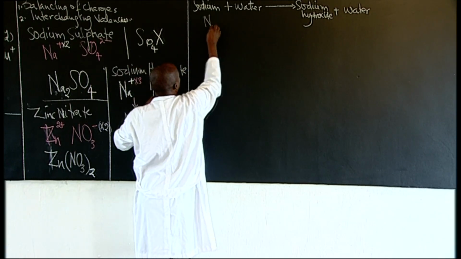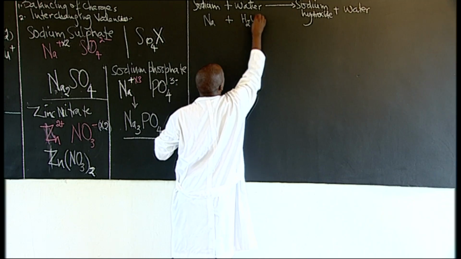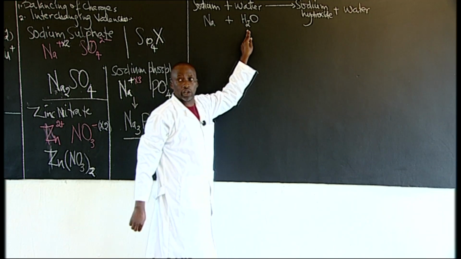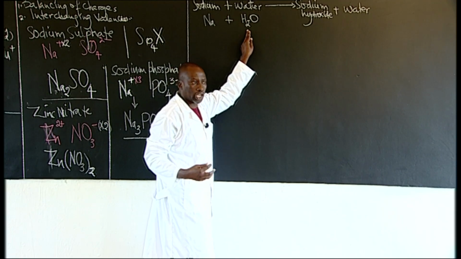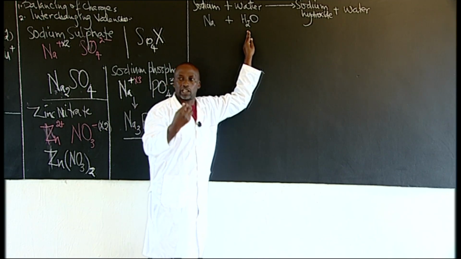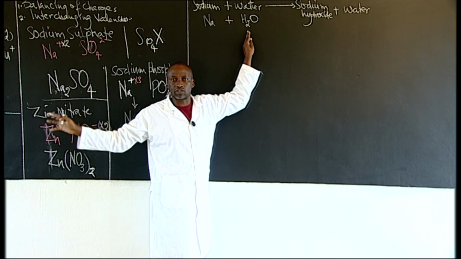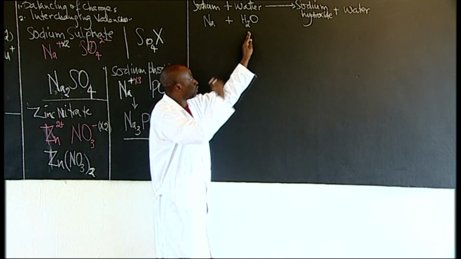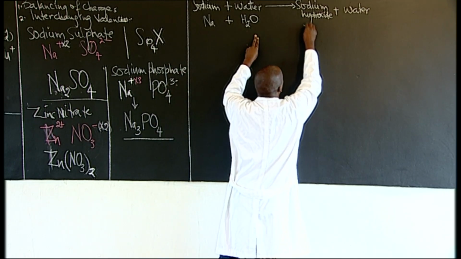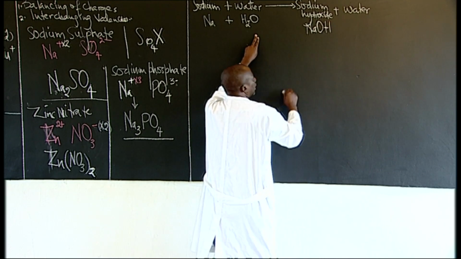This is sodium, this is water. You need to remember the formula for water. What is the correct formula for sodium hydroxide? So you need to know sodium hydroxide. How do they combine? What are the charges, as we have seen, from the radicals, because this is the compound. Then this is sodium and hydroxide will be written like that.